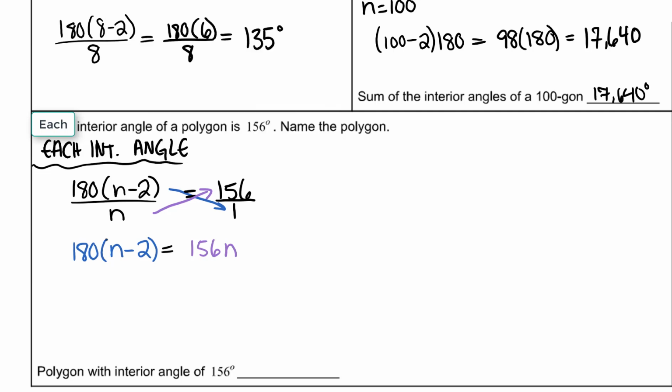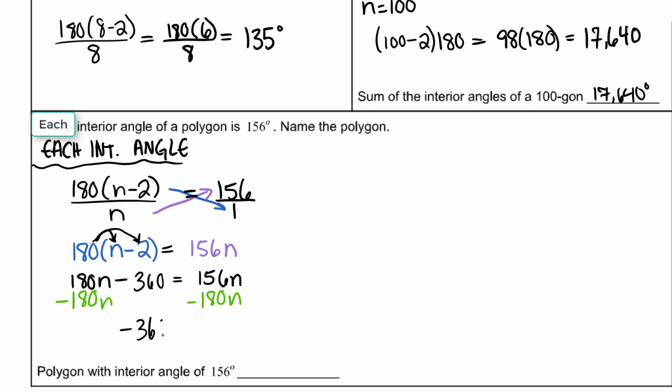Okay, we can solve this equation. Distribute the 180. We've got to get rid of those parentheses so that we can get the n terms together. 180n minus 180 times 2 is 360. I have an n term here and an n term there, and I want them to be together, so I'm going to subtract 180n to get the n's onto the same side. Negative 360 is equal to negative 24n.